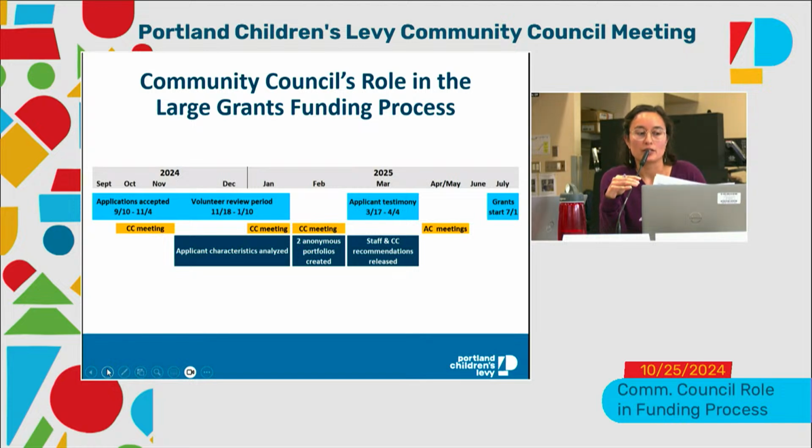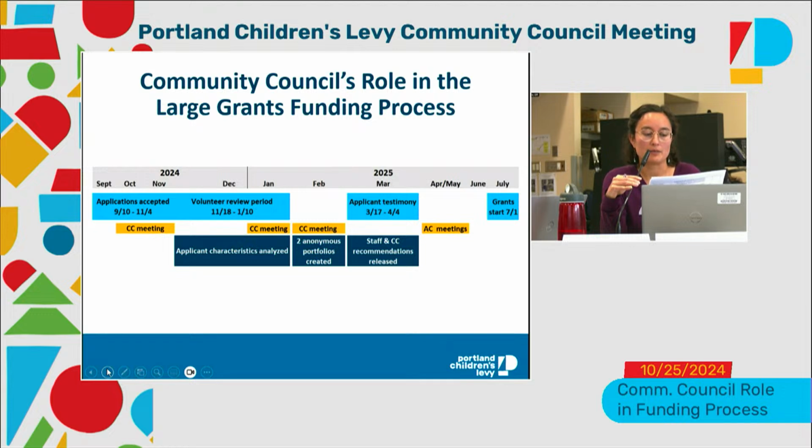So big picture, applications opened on September 10th and are due November 4th. Mid-November, staff will train community members in their roles and responsibilities as large grants volunteer reviewers. Volunteers have 8 weeks to review the applications, and each application will be reviewed by 5 volunteers. All reviews are due by January 10th.